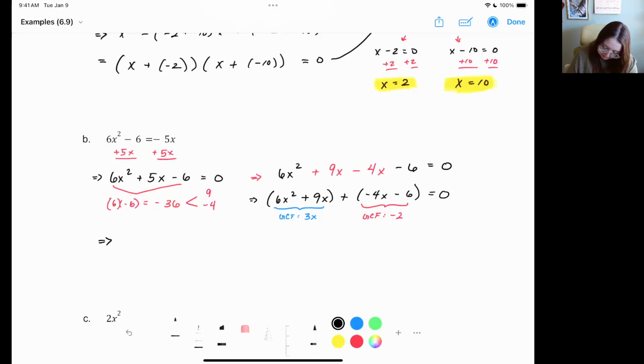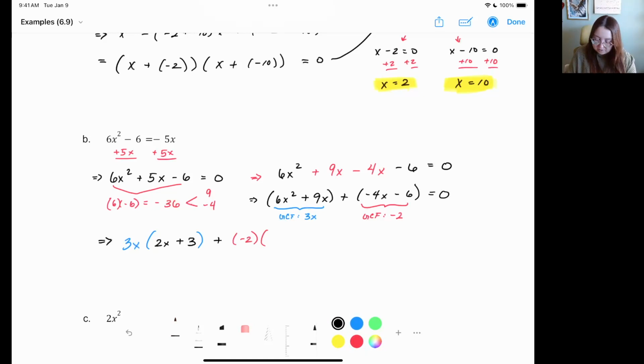So when we group these, we're going to factor out our greatest common factor. So we're going to get 3x from our first group, and we'll divide each term by 3x. So that gives us 2x plus 3 in our first group times 3x. Then we're going to factor out a negative 2 from our second group.